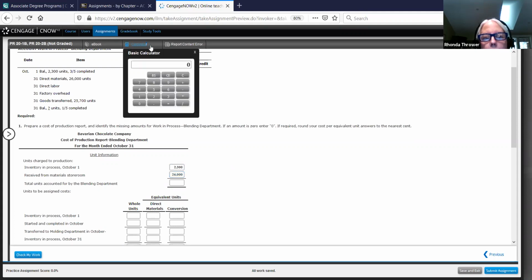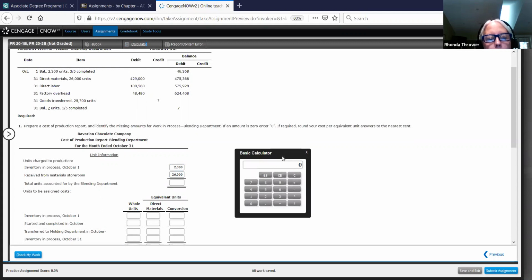Now, what you're going to want to do is combine your beginning inventory units with the materials that you've received to get the total units that you need to account for in the blending department. So 2,300 units was beginning inventory. We're going to add to that 26,000 units. And the total units that we have to account for is 28,300.